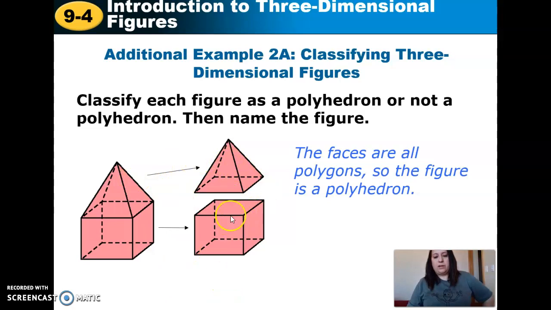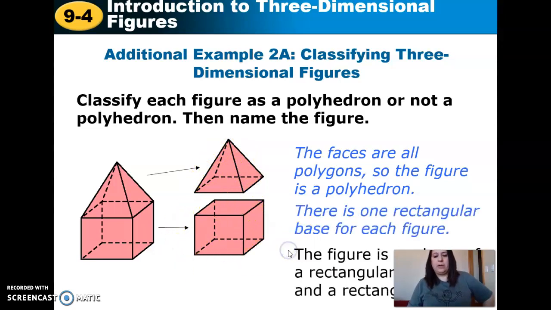The top portion here is a rectangular prism. The base is a rectangle, and there's only 1 base, so it's a prism. And then over here we have a rectangular, I'm sorry, did I say prism? This is a rectangular pyramid, my bad, because there's 1 base. And then this is a rectangular prism here on the bottom.